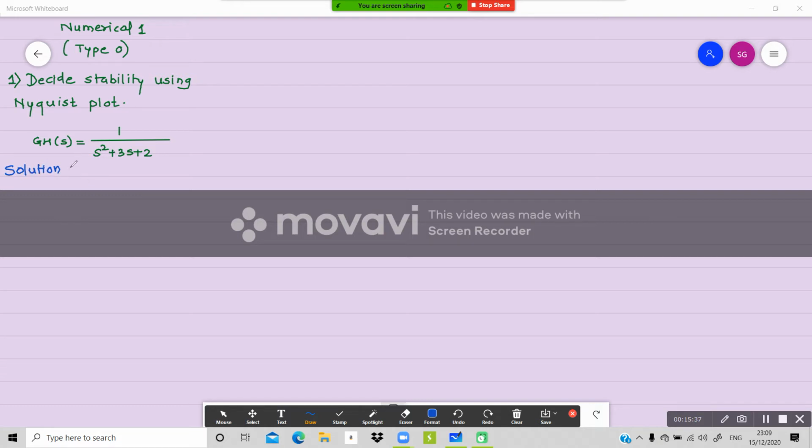Step number 1. What I'll write is GH of s, and you should take s is equal to j omega. So GH of j omega is equal to, I'll write the factors for this: s plus 1 and s plus 2.